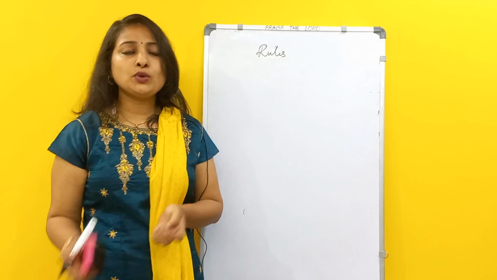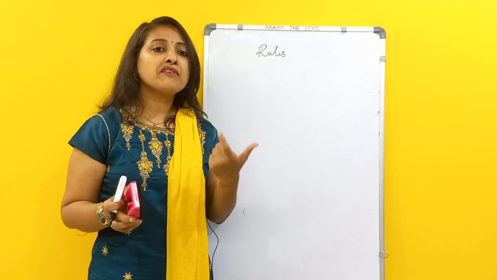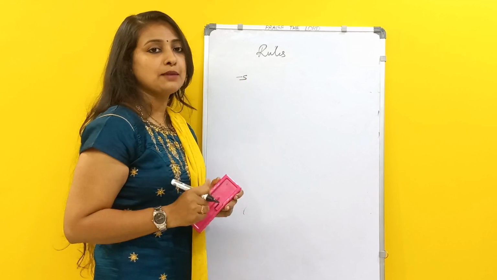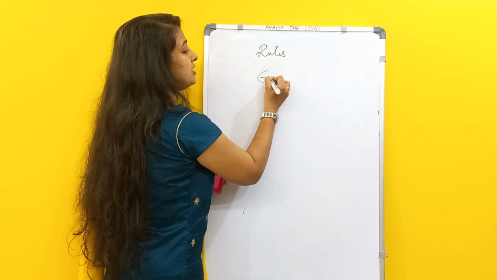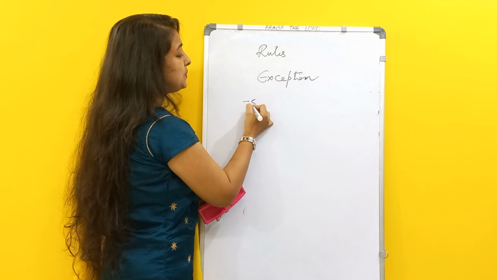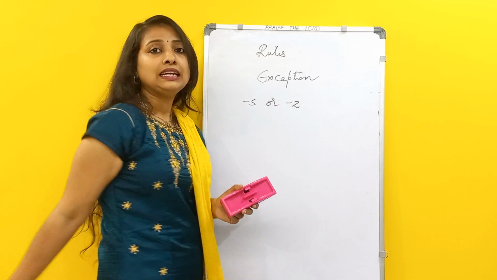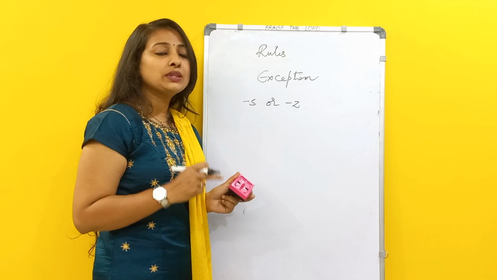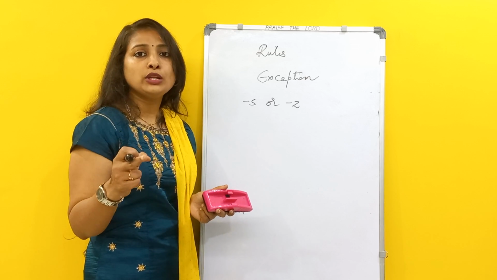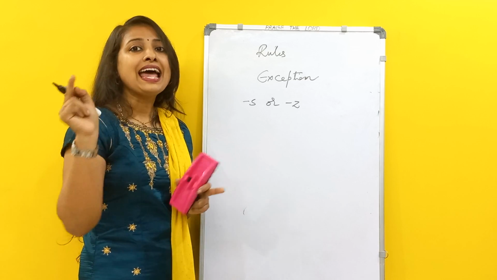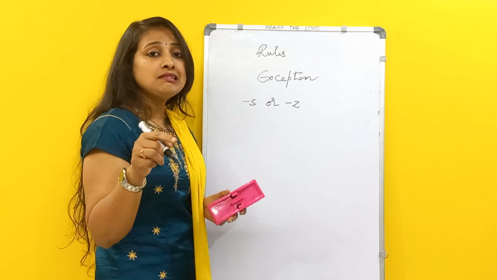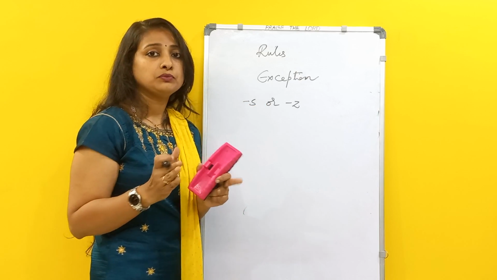In the previous case, when we were talking about a noun ending with S, for that also there is an exception. In some cases when a noun is ending with S or Z, you will not be directly adding ES. Instead, you will add one more S to it and then add ES. But in general both the forms are acceptable.